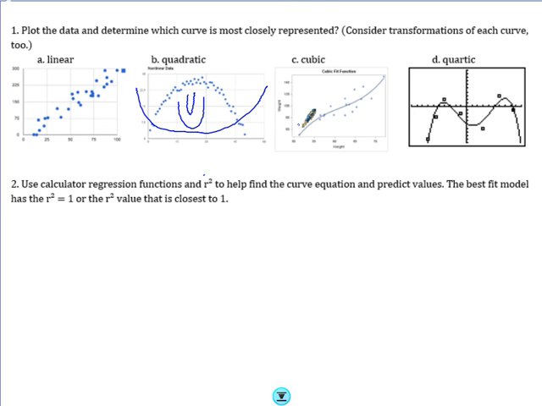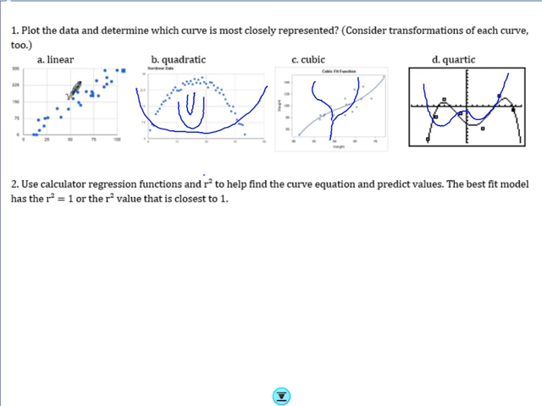If it makes this kind of squiggly shape, same thing, it could get really skinny or flip the other way, that would be a cubic model. This is a quartic model, and this could go the other direction. So we're just looking at the general shape. If the problem doesn't tell you, that is how you would choose which kind of model to use.